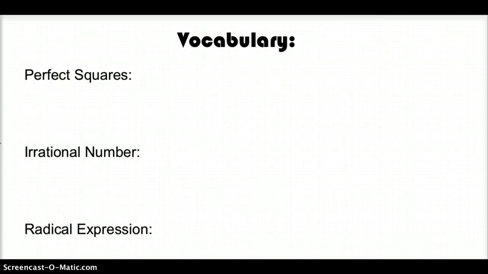Okay, let us look at some more vocabulary here. Okay, so let's look at perfect squares first. So perfect squares are basically numbers whose square roots are integers.